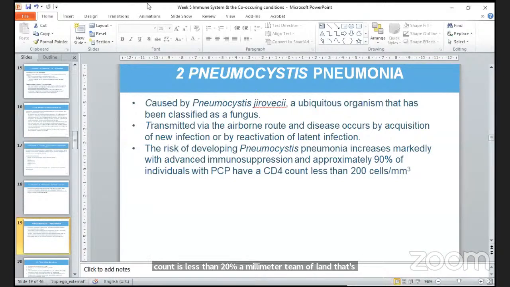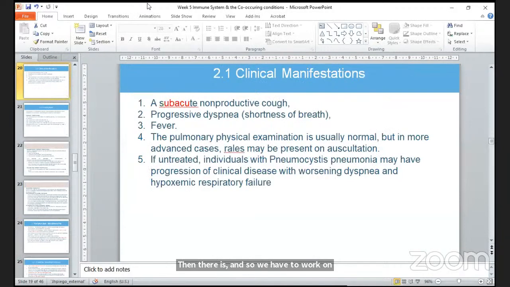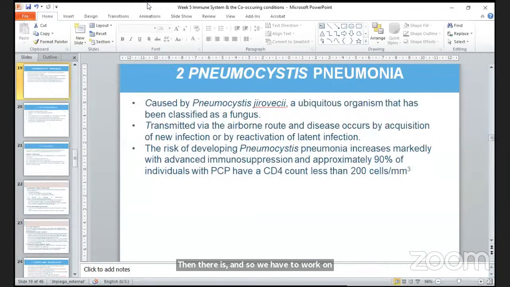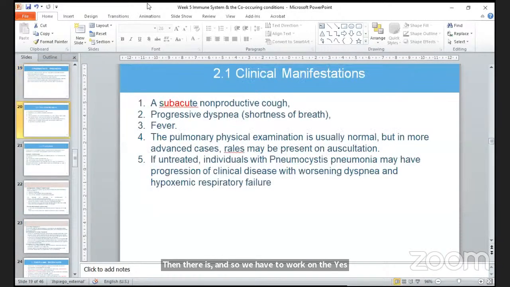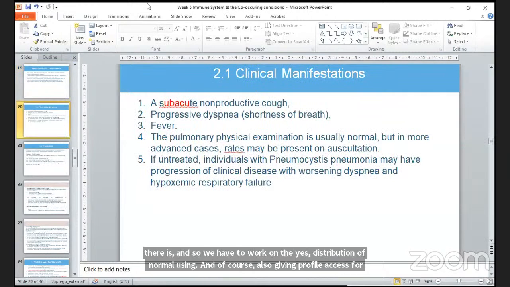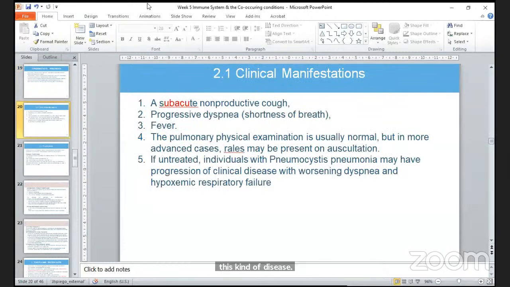So when the cells are below 200 per cubic millimeter of blood, the risk of developing pneumocystis pneumonia is high, and so we have to work around the clock to return the situation to normal using ARVs, and of course also give prophylaxis for this kind of disease. Now, clinical manifestations: a subacute non-productive cough.